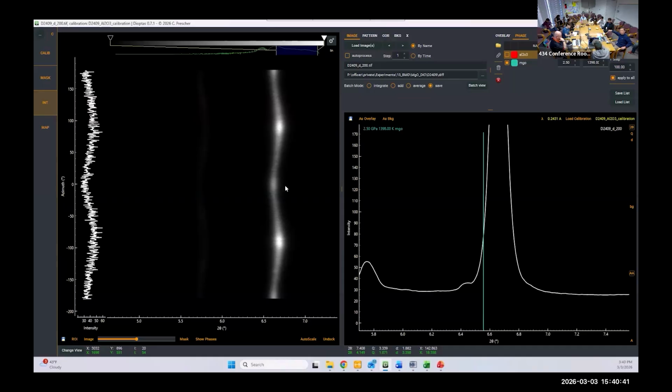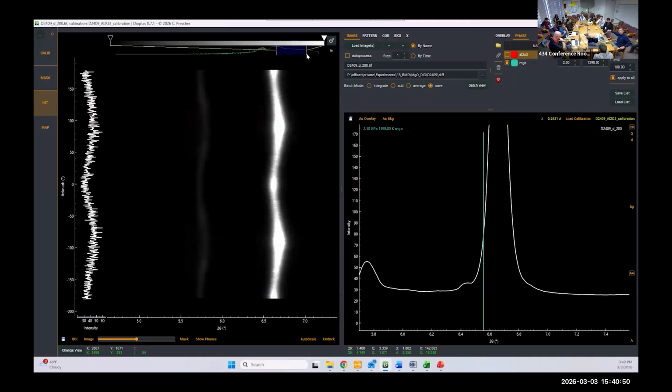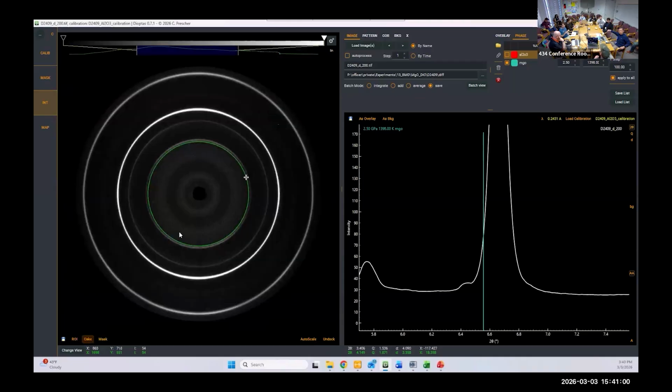Okay, so this is towards the end of the experiment. We built up more stress, but you also notice something else: you see how it's brighter at these points. Remember from our image, where it ends up around this ring has to do with the orientation of the grains.